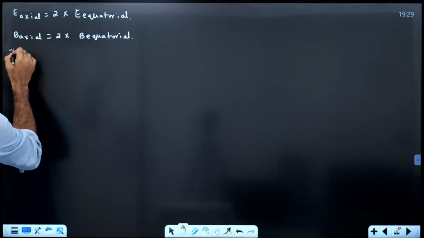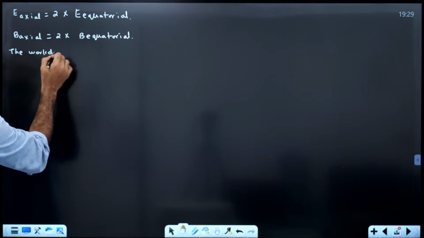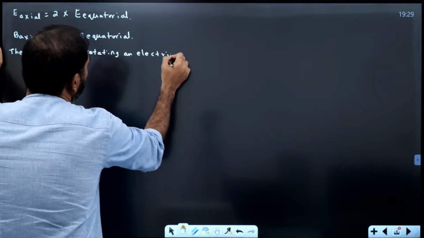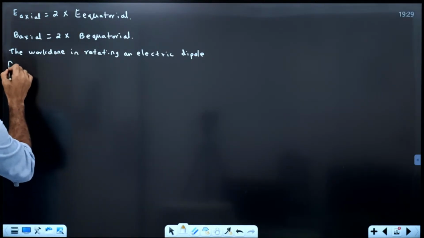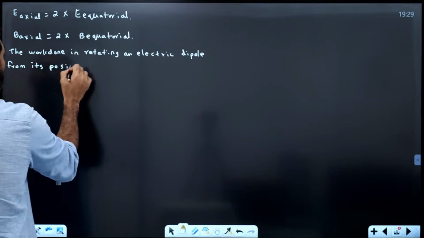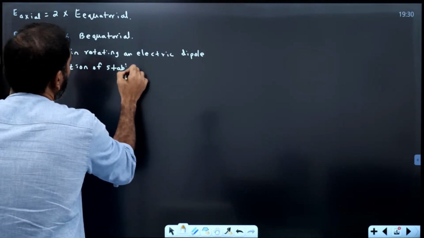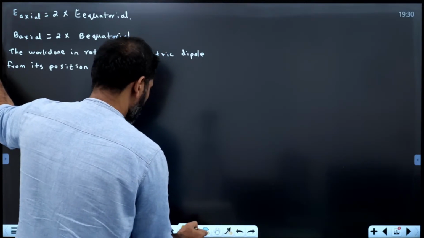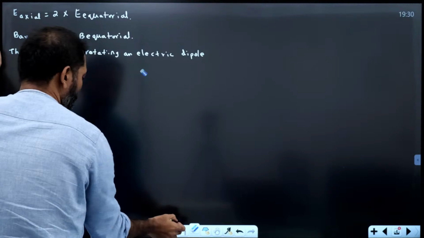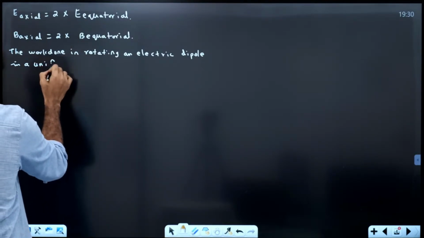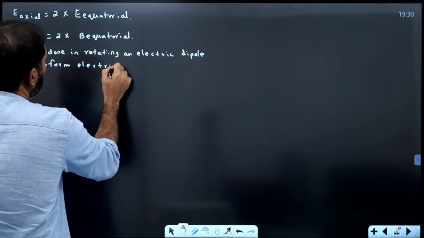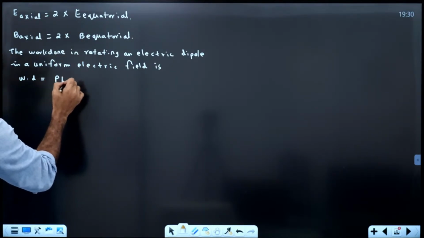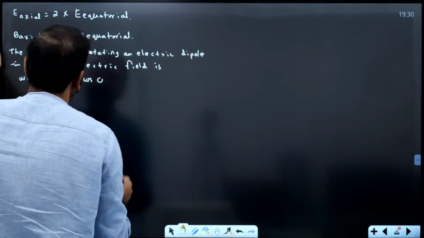In the electric case, the work done in rotating an electric dipole from its position of stable equilibrium in a uniform electric field is: work done is equal to PE into (cos theta 1 minus cos theta 2).